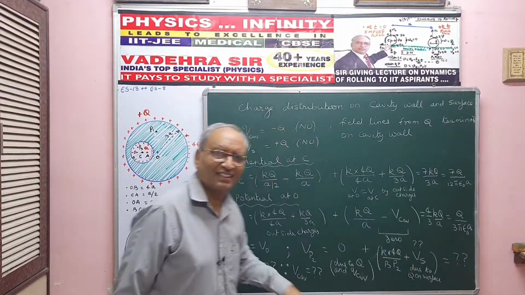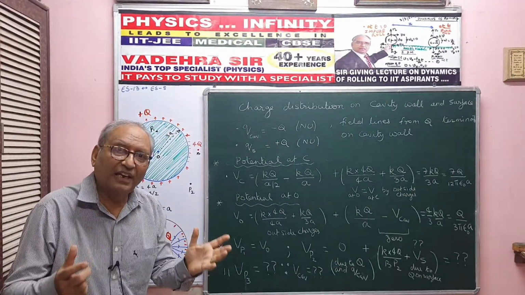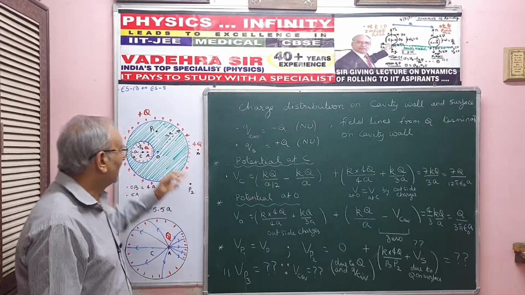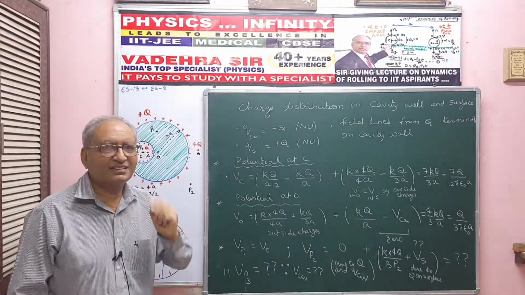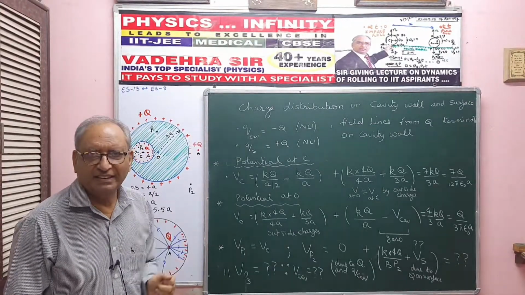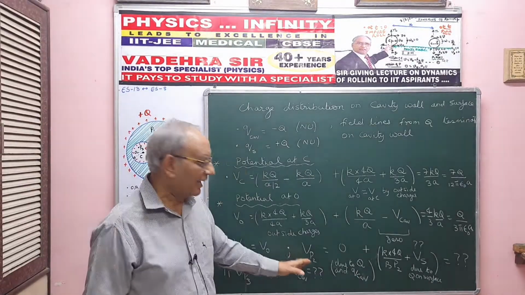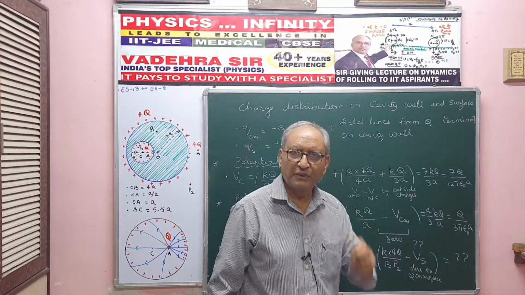Same reason, that it is non-uniformly distributed. How will I do the integration? Cannot do. Every elemental charge will have different charge density, so it cannot be done. So overall potential at P2, I put a question mark, cannot be found.